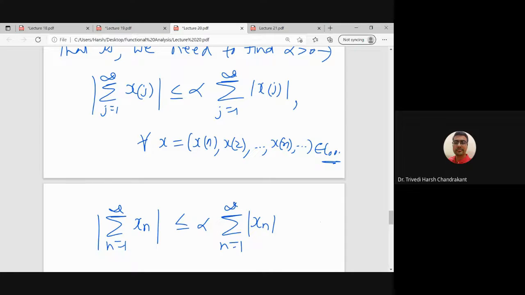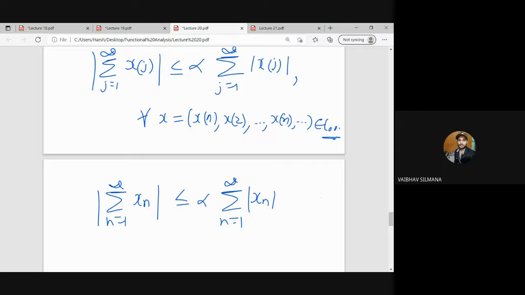Then what is the alpha? Alpha is 1, or bigger than 1. At least for 1 it is satisfied. This is always true for every convergent series.